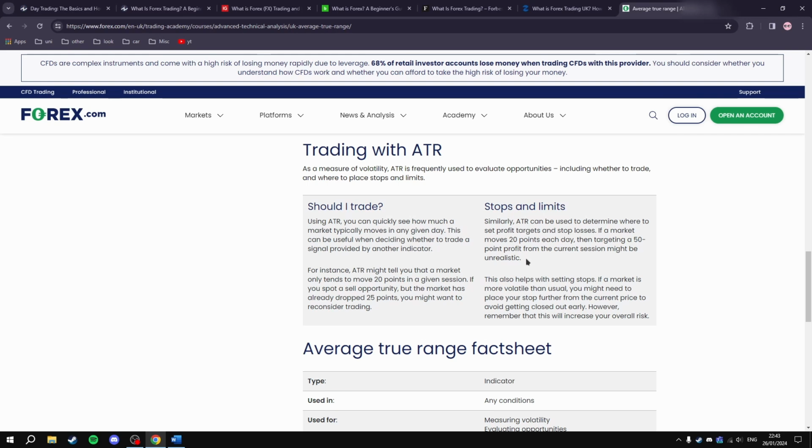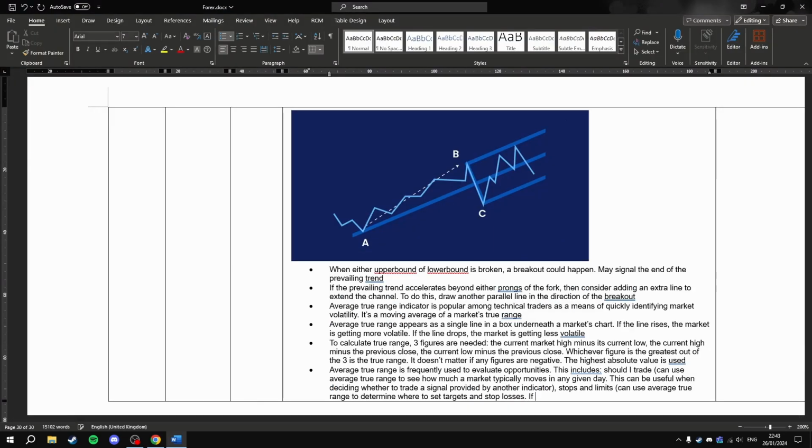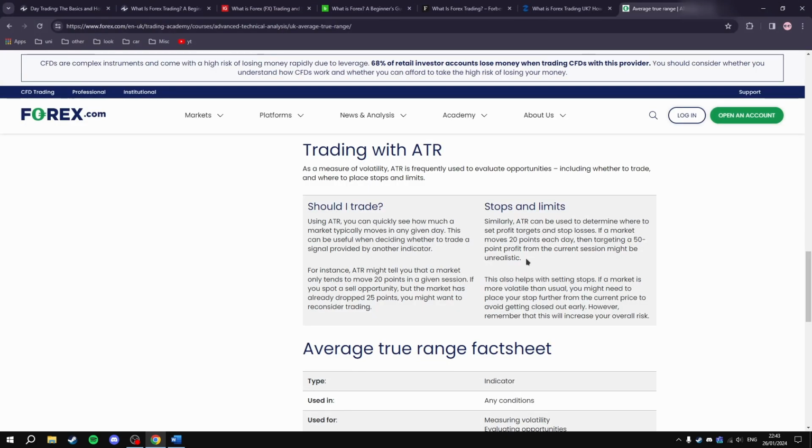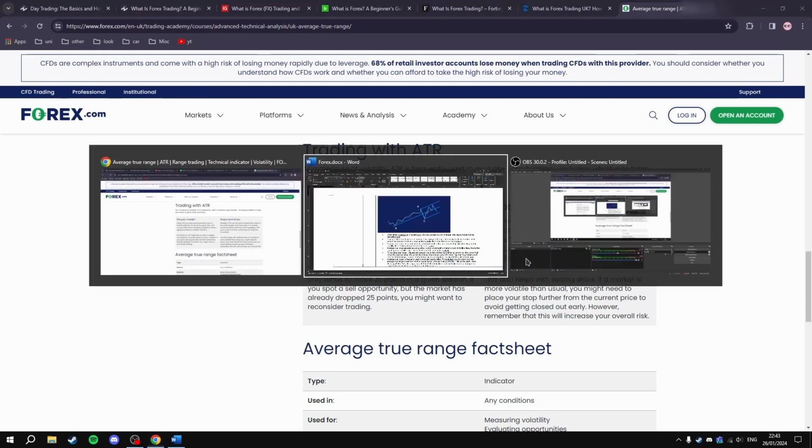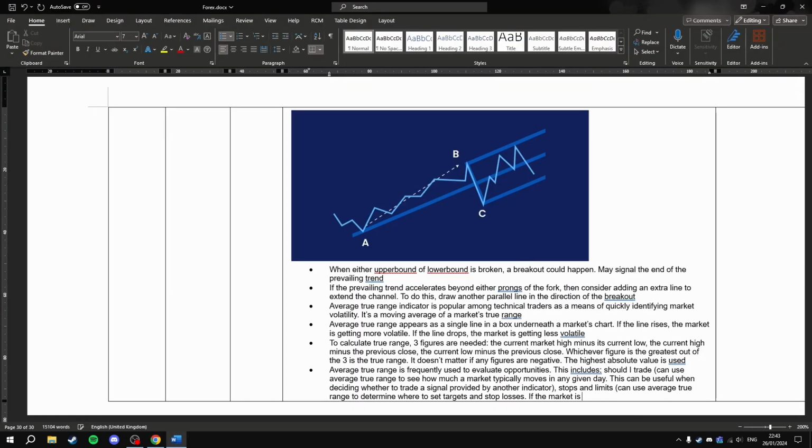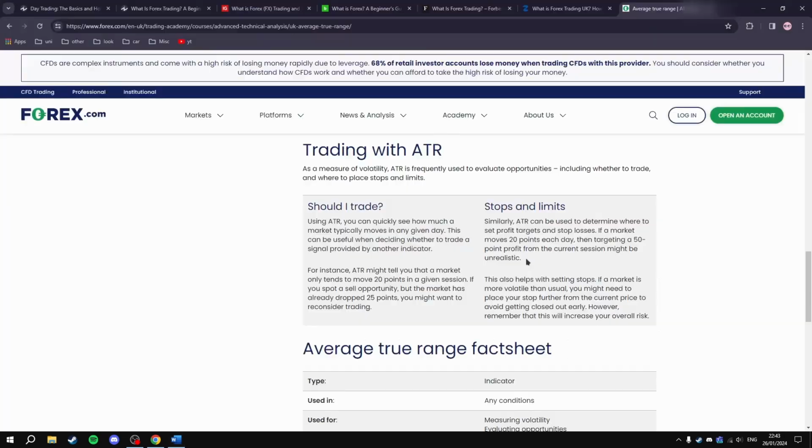This also helps with setting stops if a market is more volatile than usual. You might need to place a stop further from the current price to avoid getting closed out early.